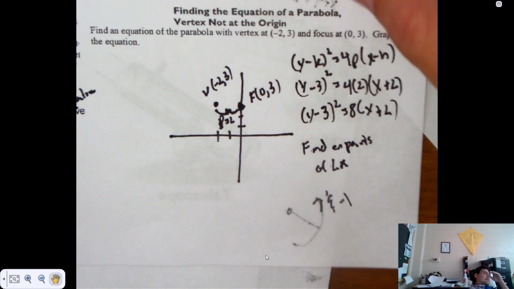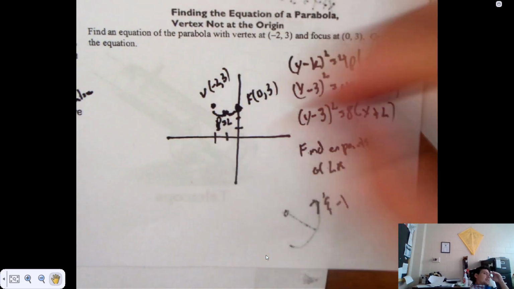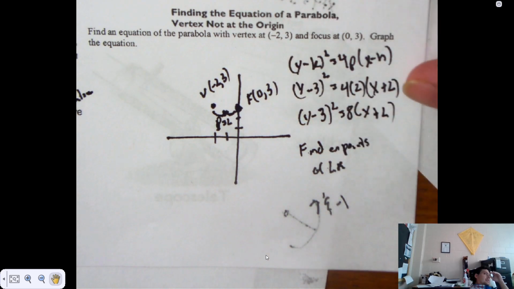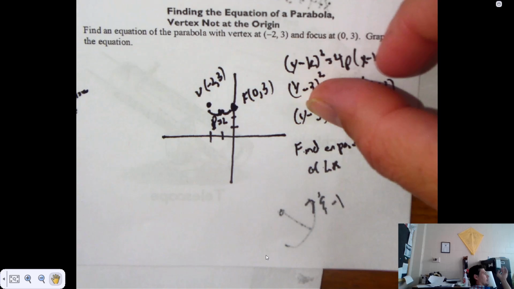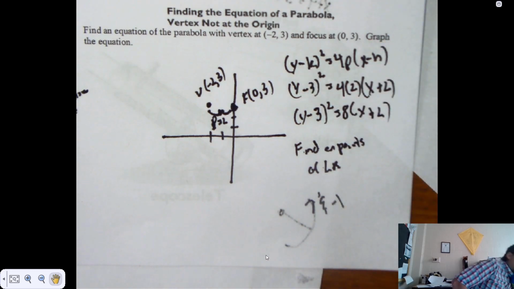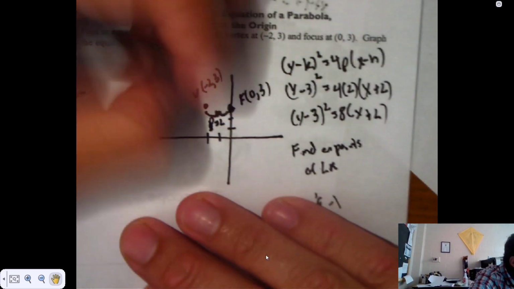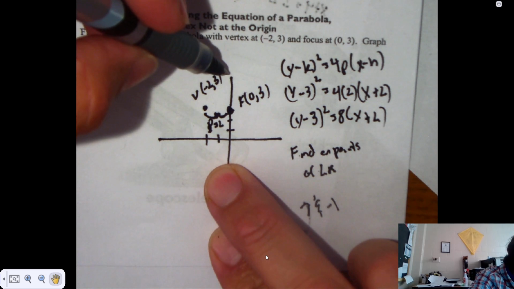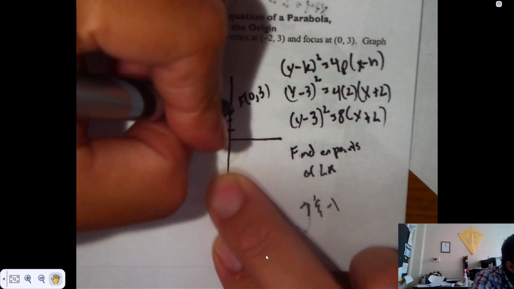But to find the focus, because this thing is opening sideways, we plug in the x value of 0. 0 plus 2 is 2. 8 times 2 is 16. Root of 16 is plus or minus 4. We're going to add 3 to plus or minus 4, and we're going to get 7 and -1. And those two y values are points that we plot above what? The vertex or the focus? Focus.